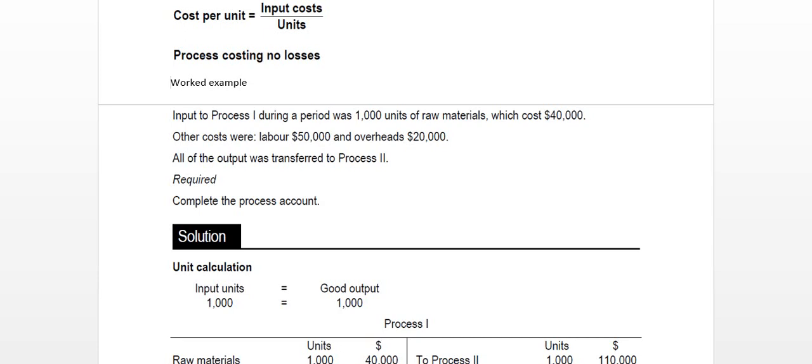Other costs were labor 50,000 and overheads 20,000. All of the output was transferred to process 1. So since there are no losses, the total number of units of 1,000 of raw materials which have been input should be the total number of good output coming out.